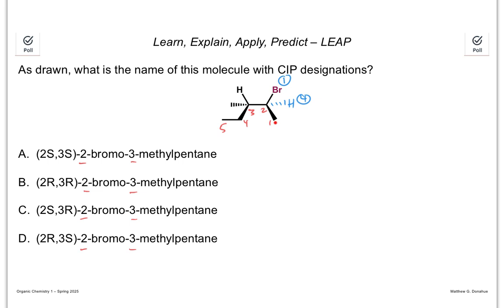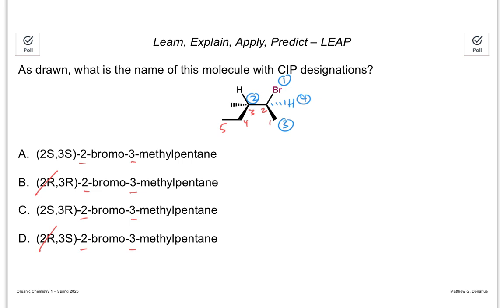This has 3 H's, so that one's going to get the second priority. The lowest priority group's back. We determine that to be counterclockwise, so position 2 should be S. That'll eliminate B and D.